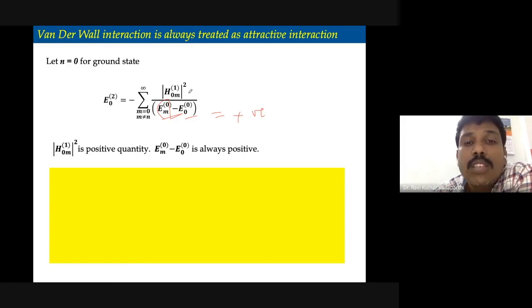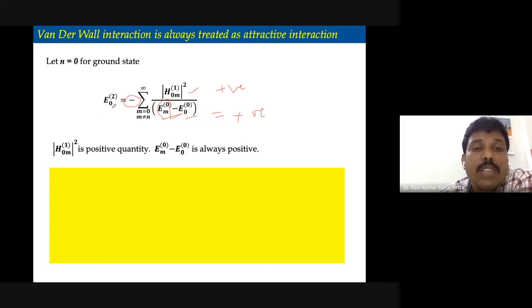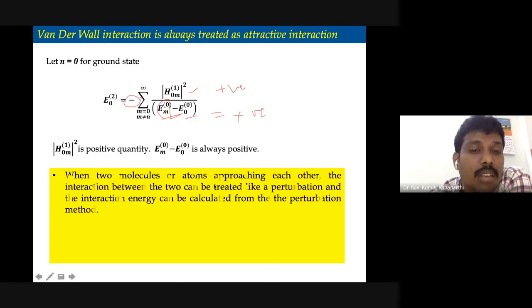And then what about this? This is the square of the integral, it is a positive quantity. But then there is one negative sign sitting just outside the summation. Therefore, this particular object, the ground state energy correction, is going to be a negative quantity.